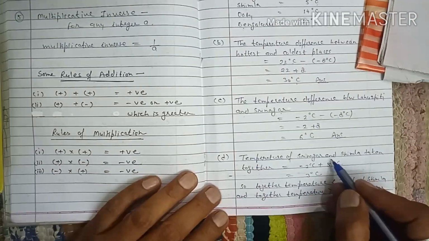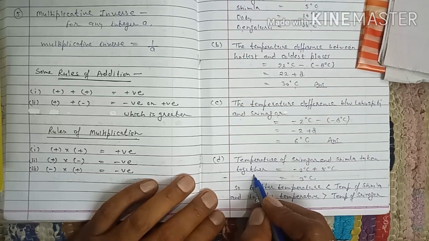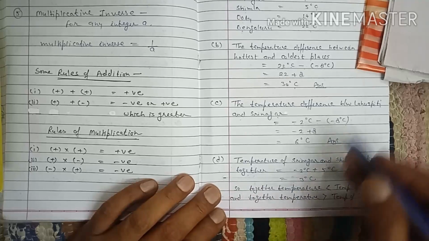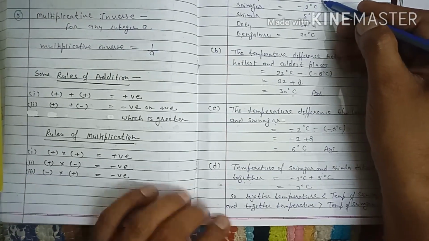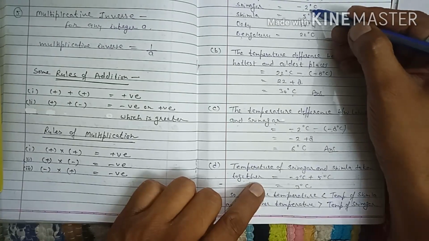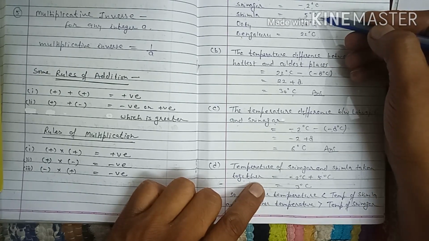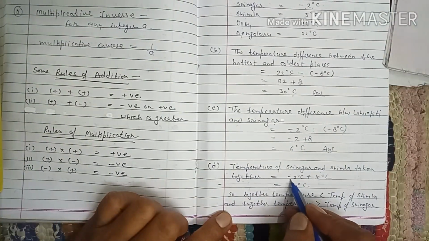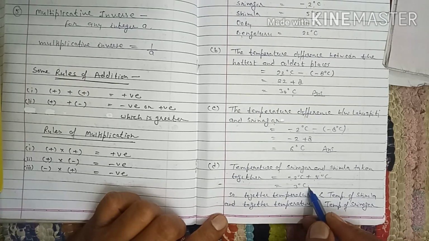If we take both temperatures together, then see above: temperature of Srinagar -2 and Shimla 5 degrees centigrade. Then -2 plus 5 is equal to 3 degrees centigrade.